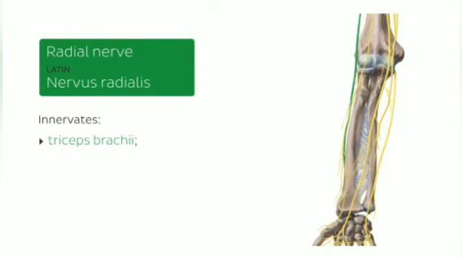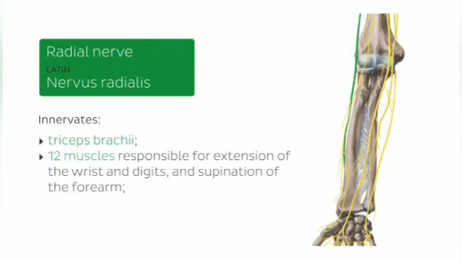This muscle is innervated by the radial nerve. Also, 12 muscles, which are mainly responsible for extension of the wrist and digits and supination of the forearm, and also associated joints and overlying skin. So this is an important nerve of the upper extremity, as you can see, because it is innervating a lot of structures.